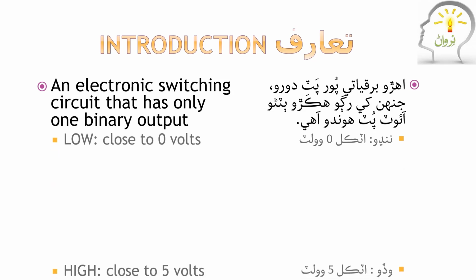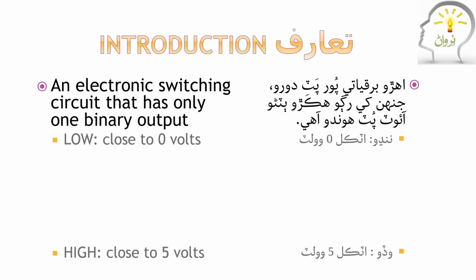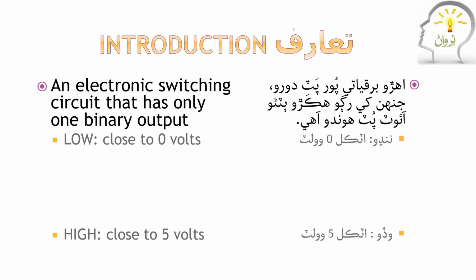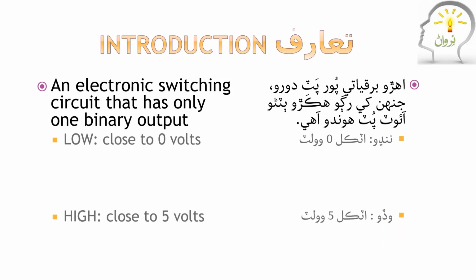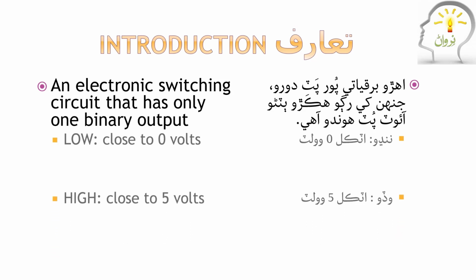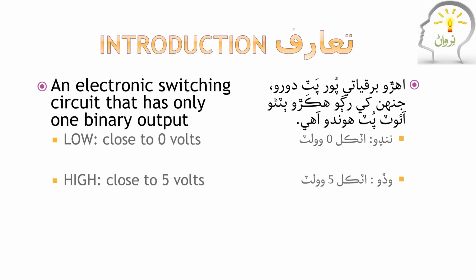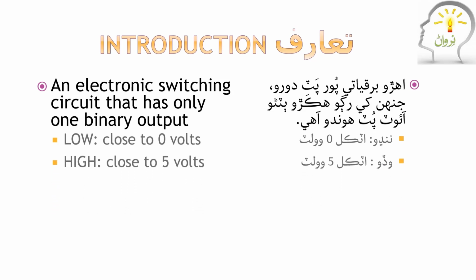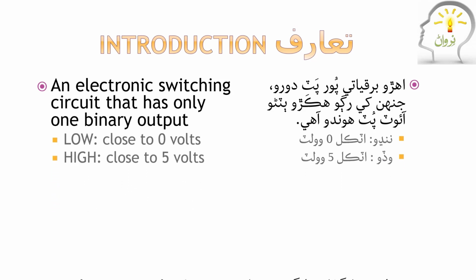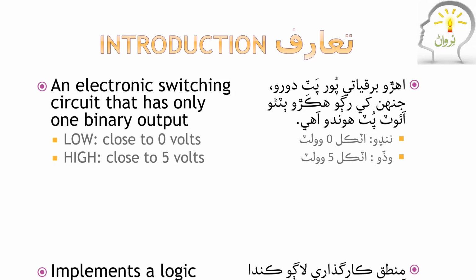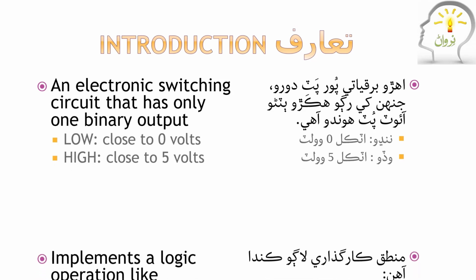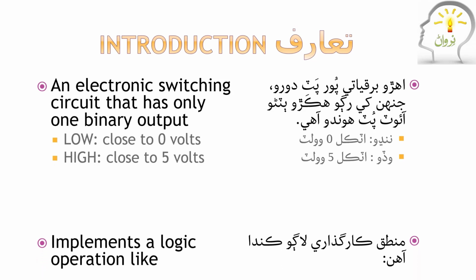It can give you another output which is close to 5 volts, and that will be called logic high, which will represent true. Logic low will represent false.